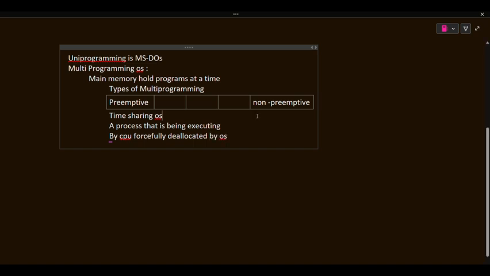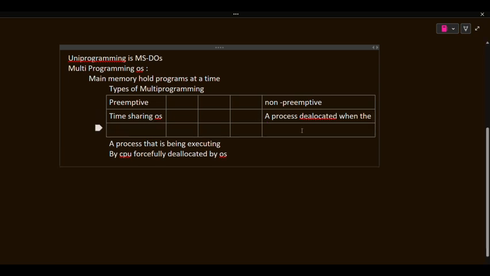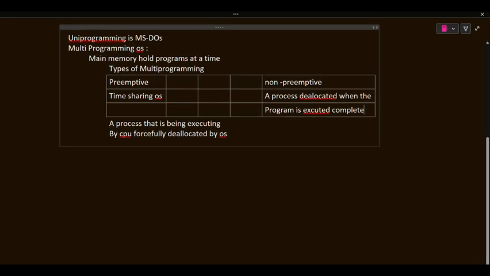And in the case of non-preemptive, a process can only be deallocated when the program is executed completely. No forceful deallocation.